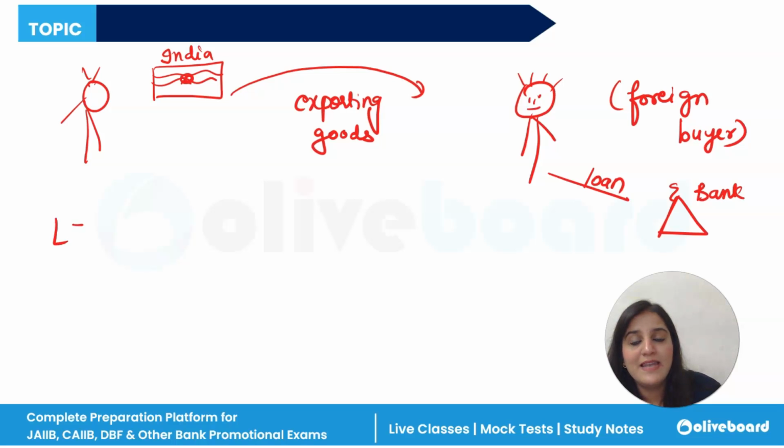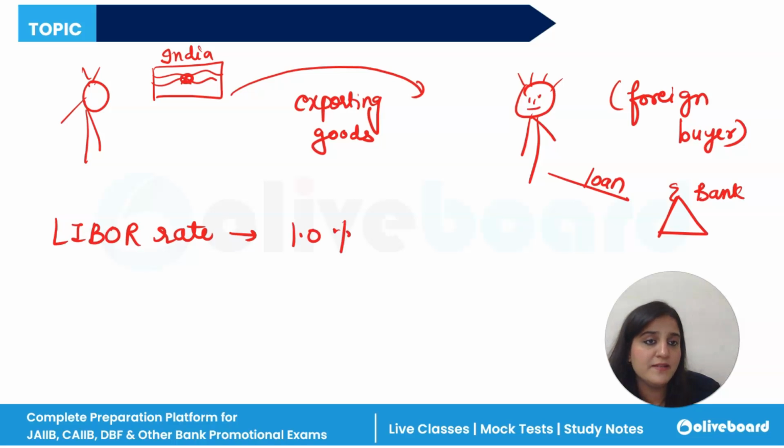Now here LIBOR rate at the time of the loan, the 6-month USD LIBOR rate is 1.0%. We are taking the currency in USD. Now here, according to RBI guidelines, the bank can charge a spread of up to 350 BPS, or we can say 3.5% over the LIBOR rate for export credit in foreign currency.